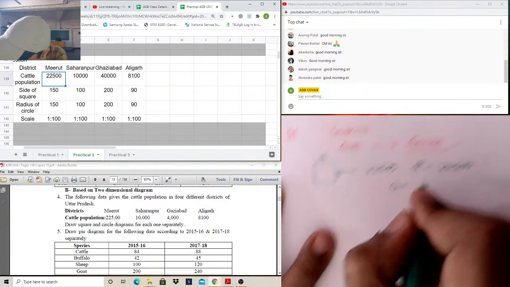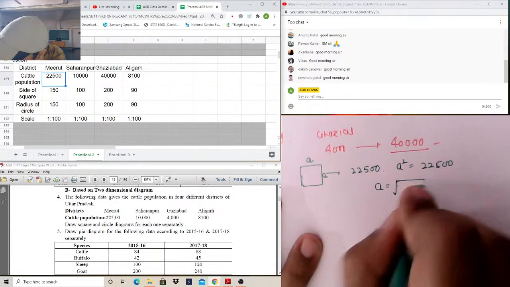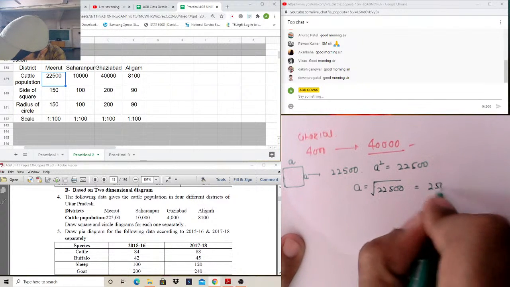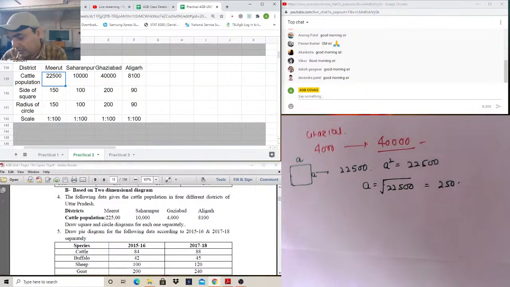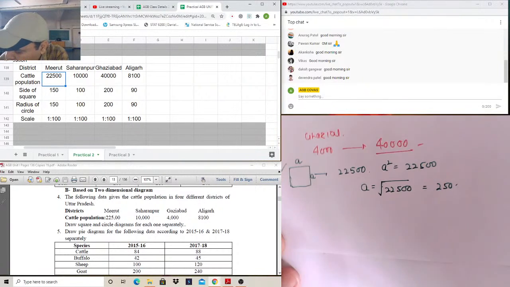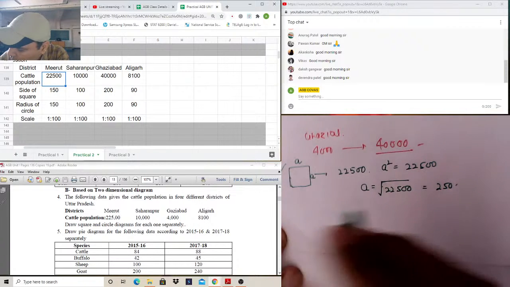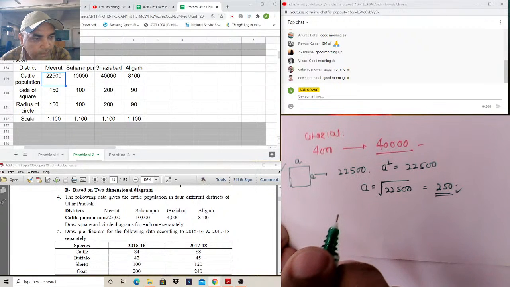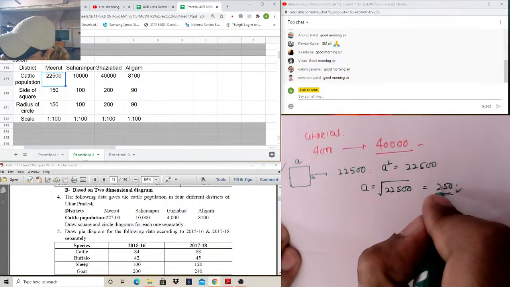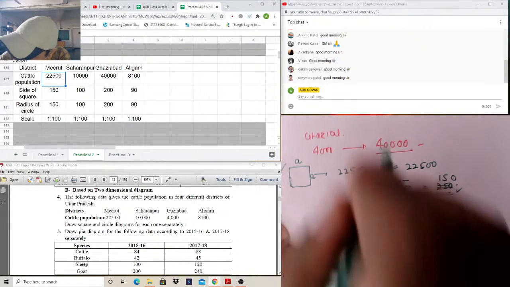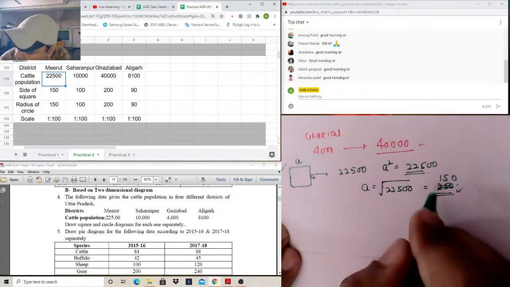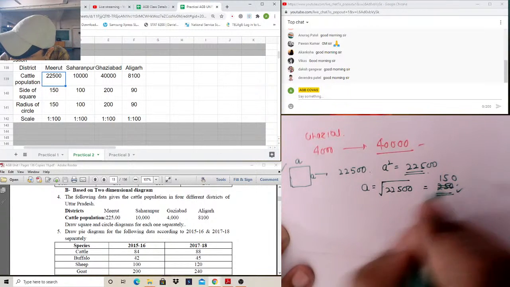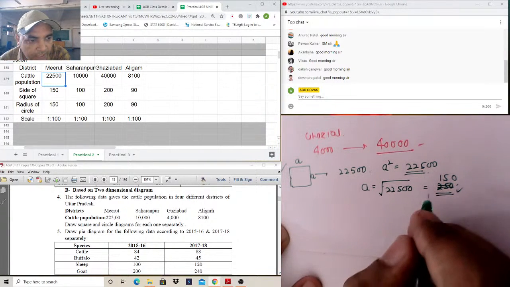So A will be equal to the square root of 22,500, which is equivalent to 150. Now, if I am going to plot this particular square, my one side should be equivalent to 150, not 250, sorry, because 150 into 150 is 22,500. So the side of the square should be equivalent to 150.